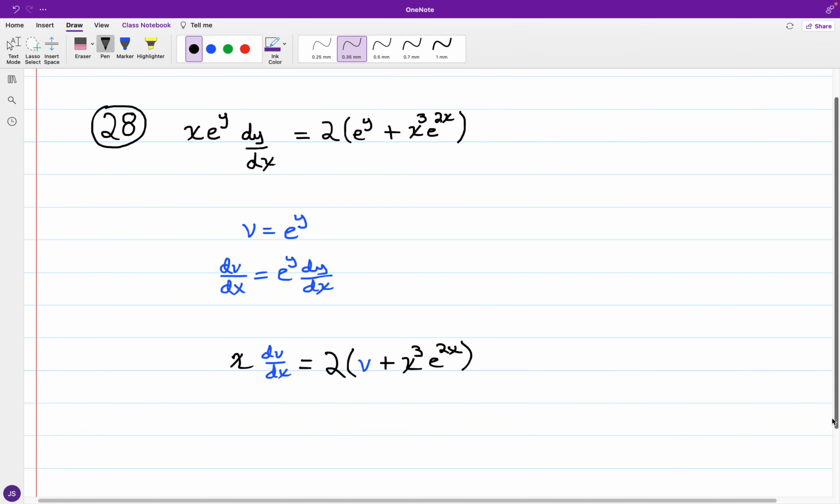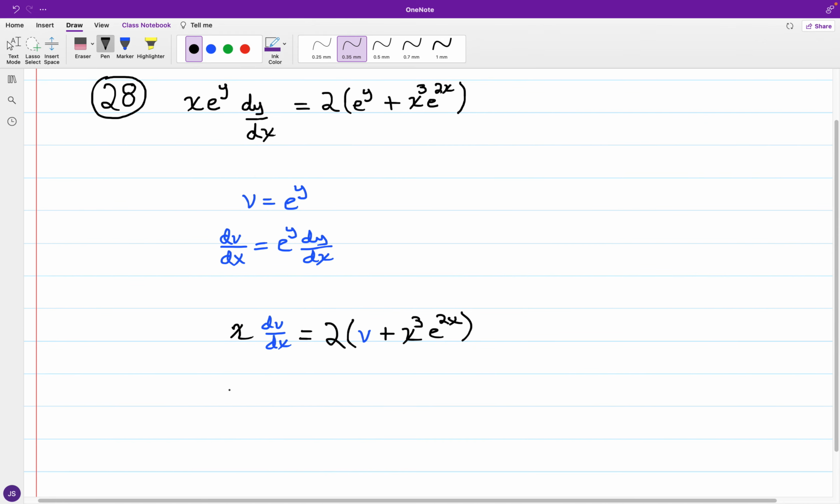If I distribute the terms on the right hand side, right now we got x dv over dx is equal to 2v plus 2x cubed times e to the 2x.